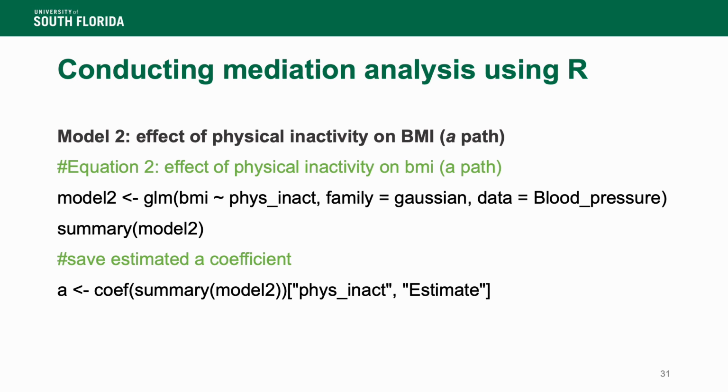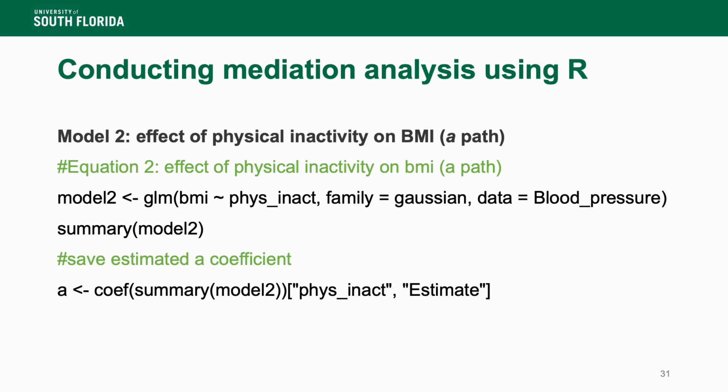Here we see the code for estimating the second equation. In the second equation, we're aiming to estimate the effect of physical inactivity on BMI, or in other words, we use this equation to estimate the a path. Again, we use the GLM function, but this time we specify BMI as the dependent variable.